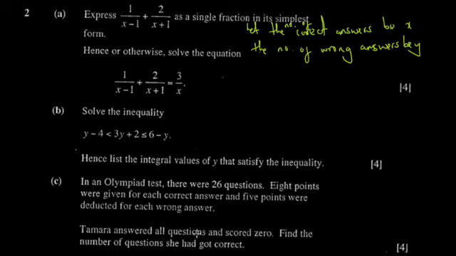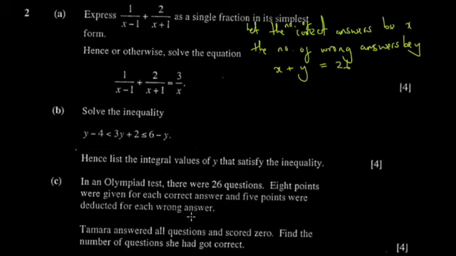Here we are dealing with the case of two variables: one representing the correct answers, and one representing the wrong answers. There are 26 questions, so the number of correct answers and the number of wrong answers must account for 26. So it simply means x plus y equals 26. Okay, those are called word problems.